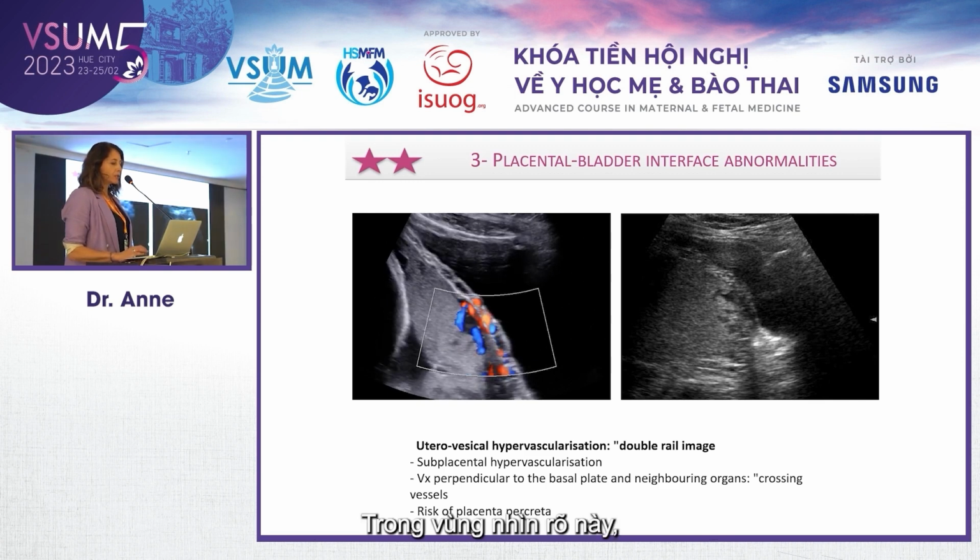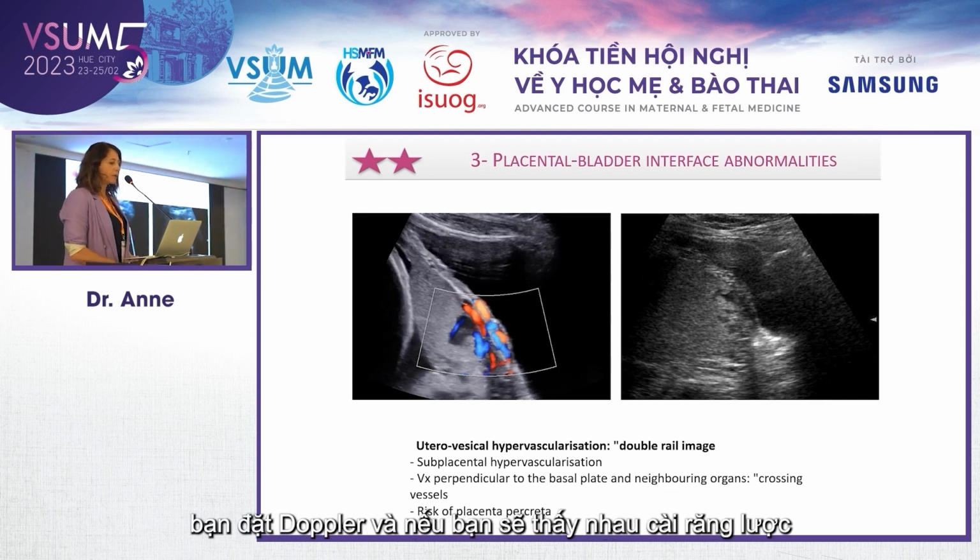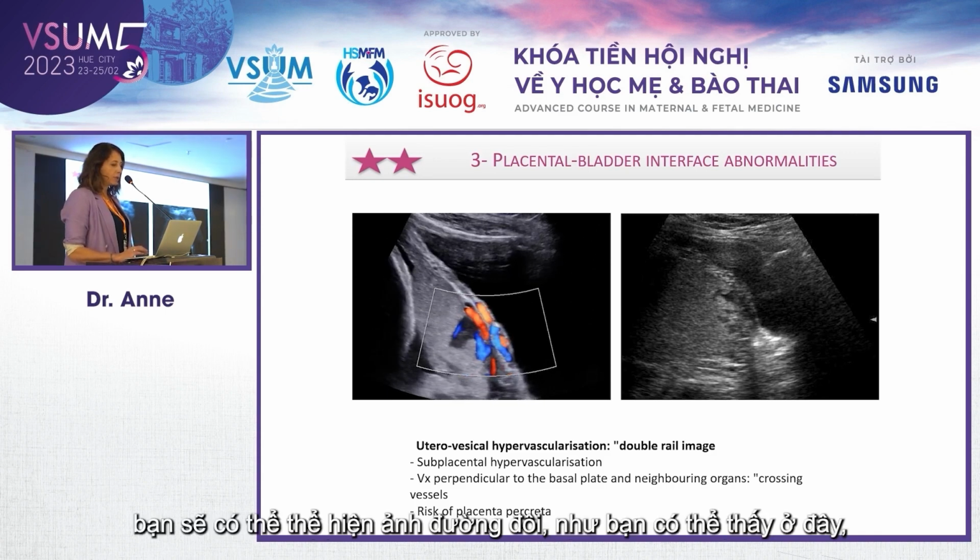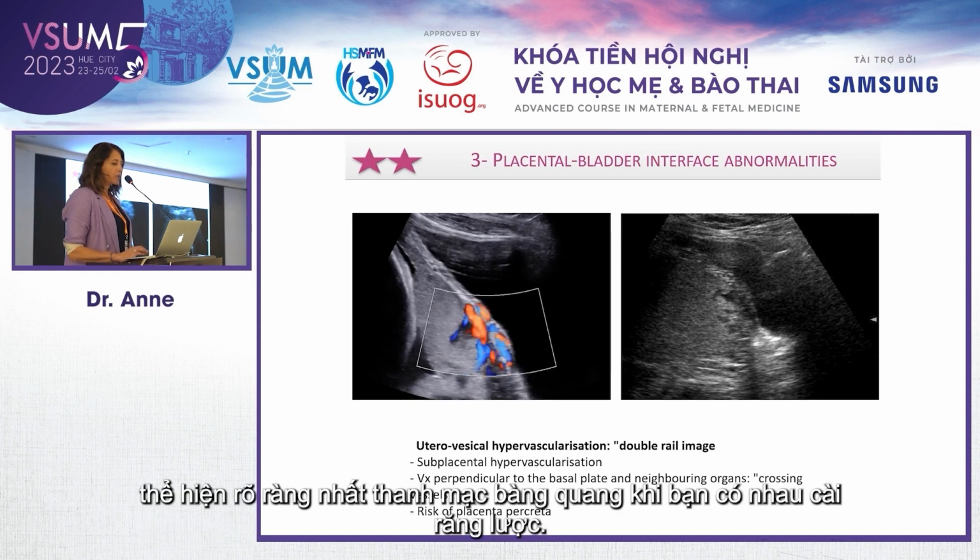In this clear zone, you put Doppler, and if you have placenta accreta, you will be able to demonstrate this typical double rail image, as you can see here, which represents the specific vascularity of the bladder serosa when you have placenta accreta.